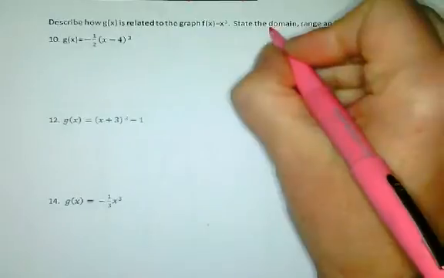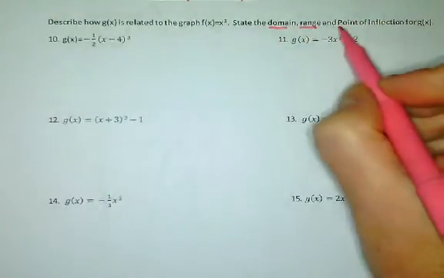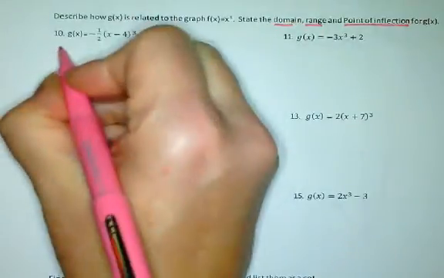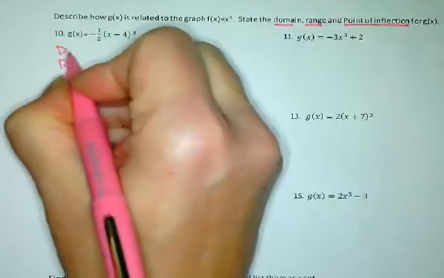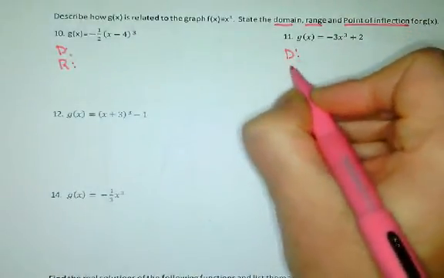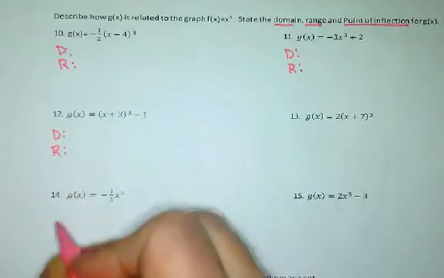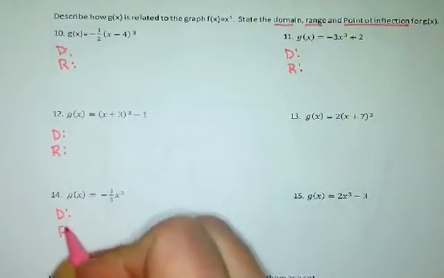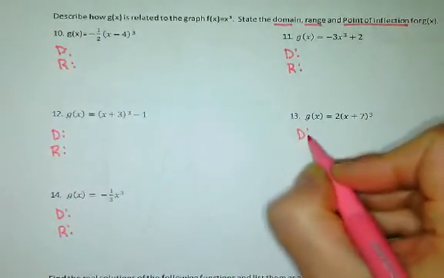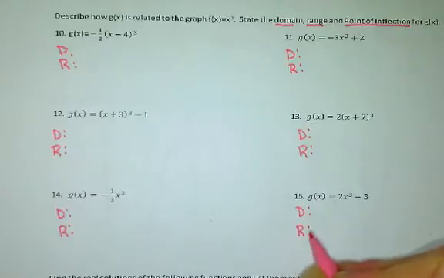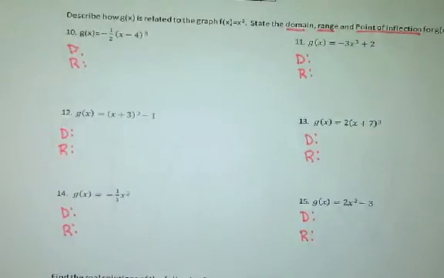All right, on all of these here, they want you to describe the transformation from the parent function x cubed, and they also want you to state the domain and range and the point of inflection. Okay, so what I'm going to do is, because the domain and range is the same on every single one, I'm going to go through and I'm just going to write the same domain and range over and over again because it's going to be the exact same thing every time. The only thing that's going to be different is how we ask it. Sometimes I'm going to ask for it in interval notation, and sometimes we're going to ask for it as an inequality.